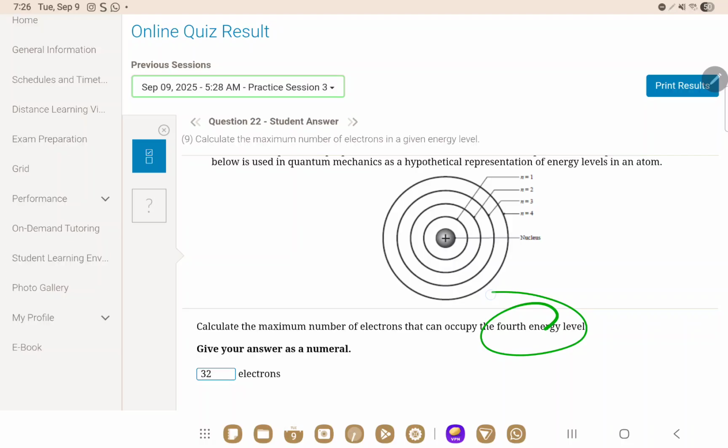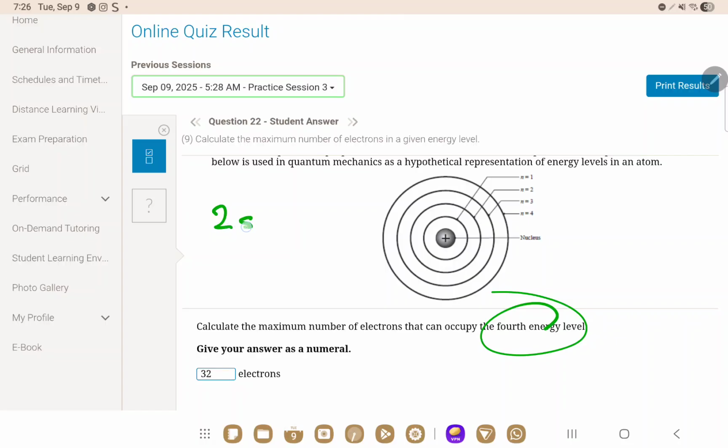So in the fourth energy level, it doesn't mean any letter. We don't care about the letters. But in all of the fours, in 4s2, 4p6, 4d10 and 4f14, what's the maximum number of electrons?